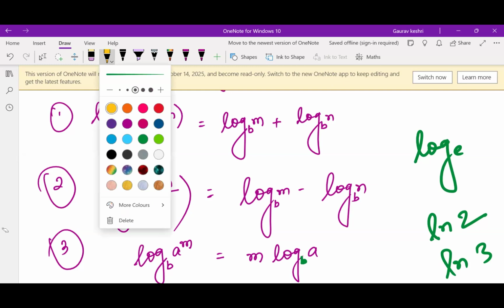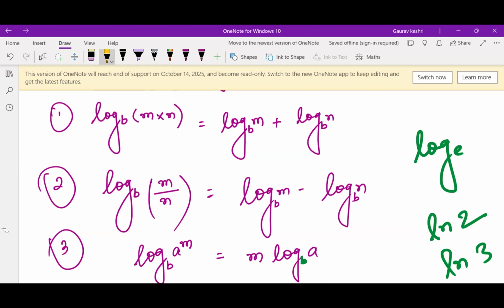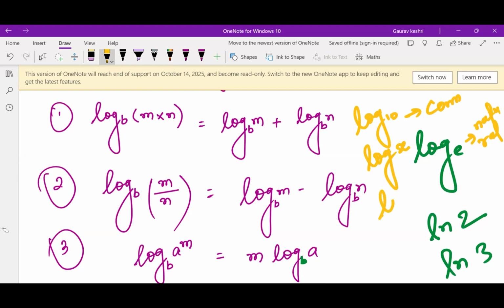And there is one more base. This is called the natural log, and the common log. When the base is 10, we call it common log. Anytime anywhere, if you have seen log x or log y or log 10, that means the hidden base 10 is there. Getting it? Yes.